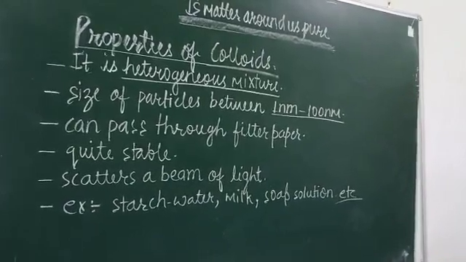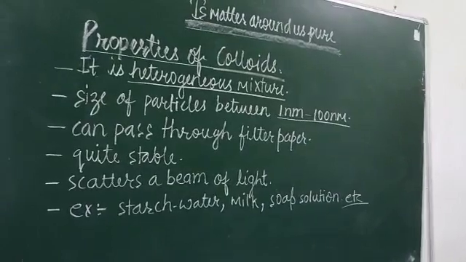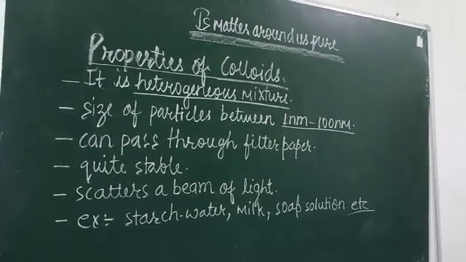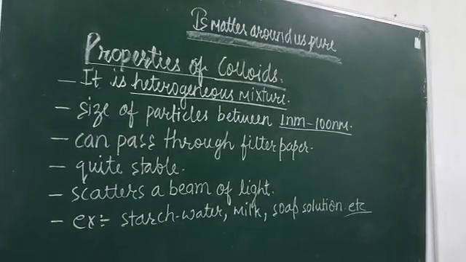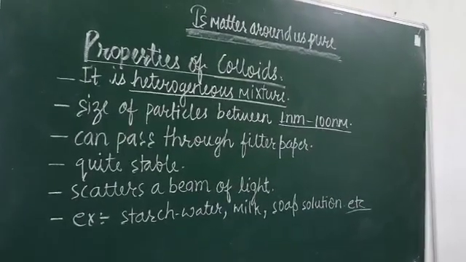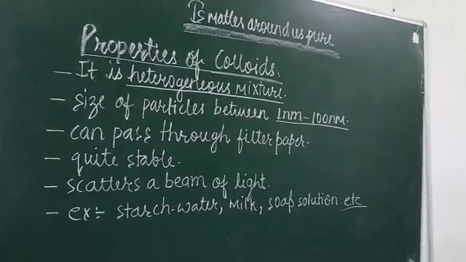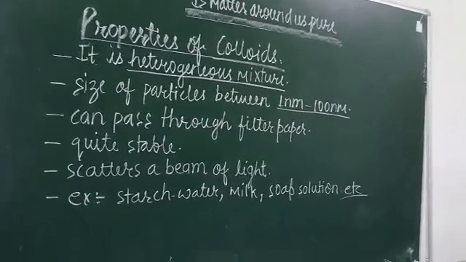That's why it is written that the size of the particles of a colloid is 1 nanometer to 100 nanometer in diameter. Next, the particles of a colloid can pass through filter paper, so a colloid cannot be separated by filtration, and colloids are quite stable.